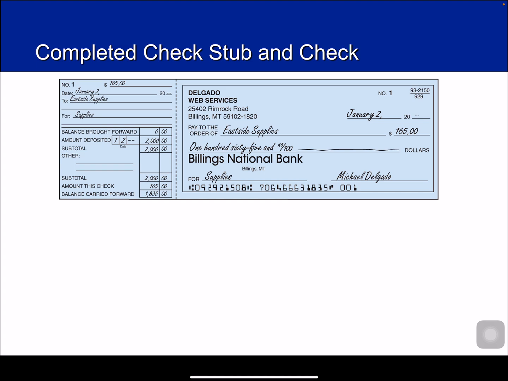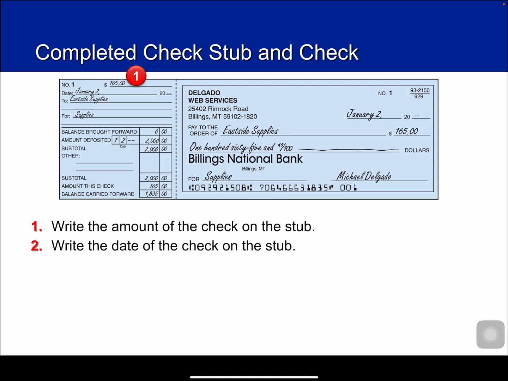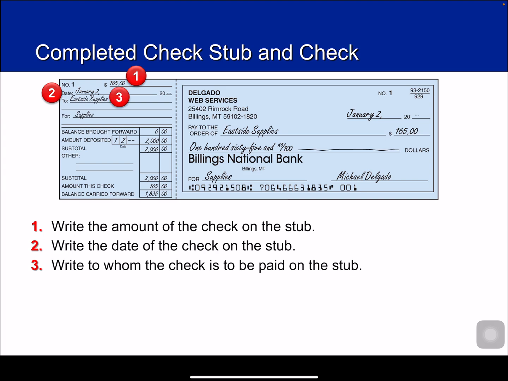A completed check stub and check looks like this. The first thing you're going to do is write the amount of the check on the stub. You will write the date of the check on the stub. You will write to whom the check is to be paid. You are going to record the purpose of the check.